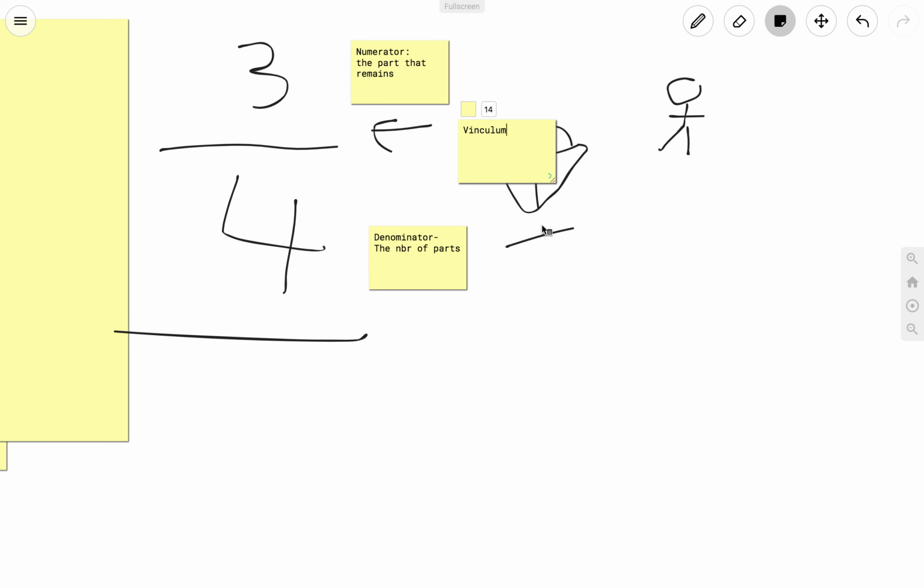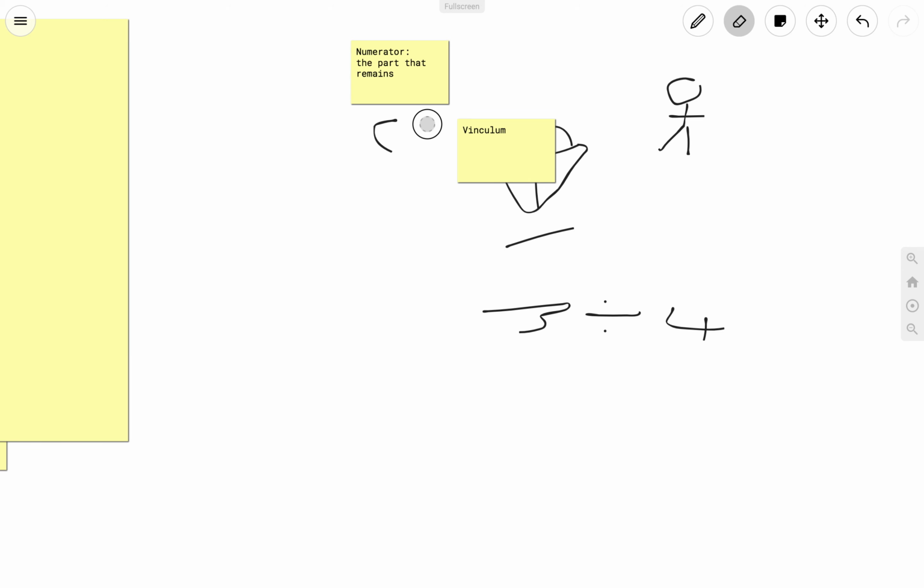Now, a vinculum basically means divide, which means this literally says 3 divided by 4. Yes, that's the basic explanation that you will need to know right now.